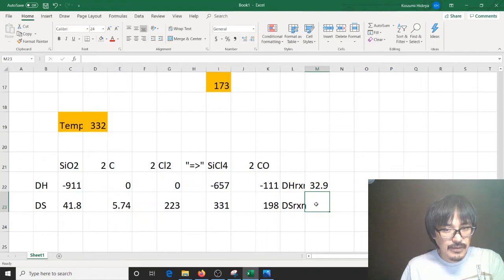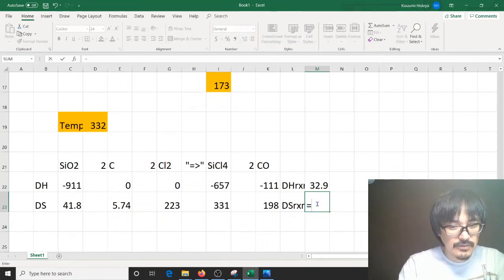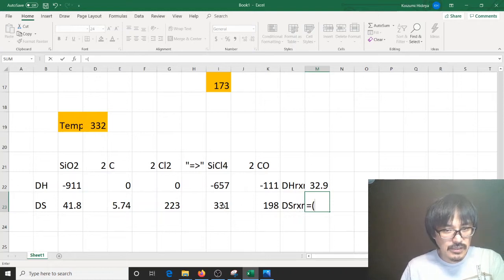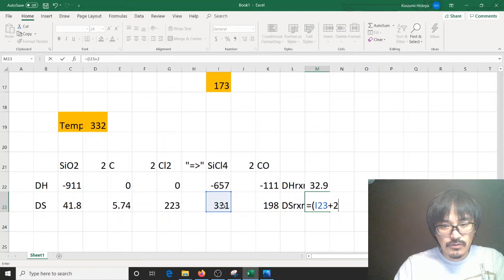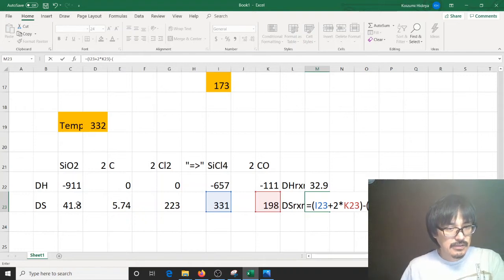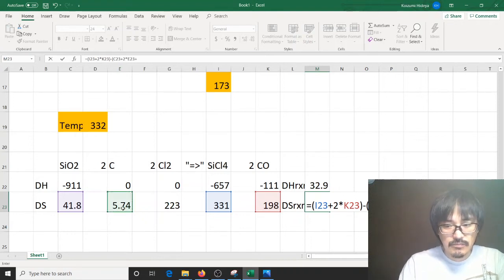Now I have the delta S of reaction too, I can calculate. So delta S of reaction is that plus 2 times that, minus this plus 2 times that plus 2 times that, right?